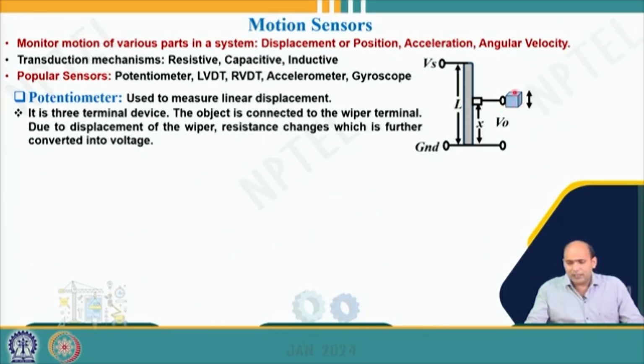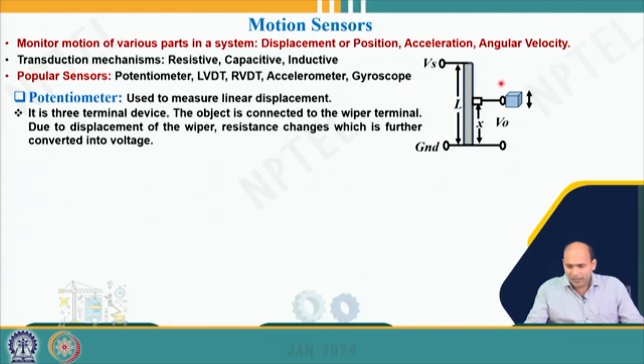Suppose this is the object whose displacement I want to measure. Then I just connect this object to the wiper, and when the object moves, the wiper also slides across its length, is it not? And essentially this potentiometer is a resistive element.